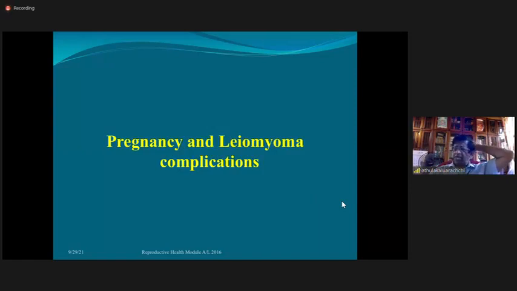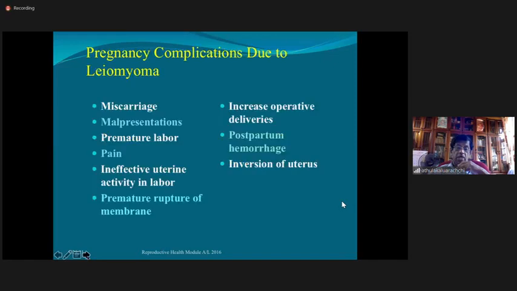Now, specifically, if you get pregnant with fibroids being present, there are certain problems that can occur. Okay, I told you at the beginning, the relationship between infertility and fibroids is unclear, right? But certainly, when they are pregnant, you can have problems from early pregnancy.